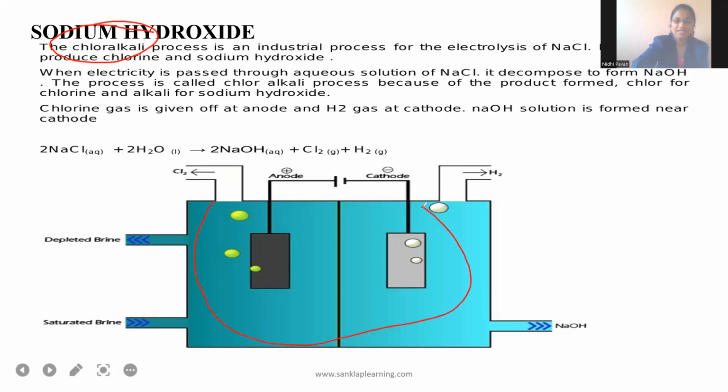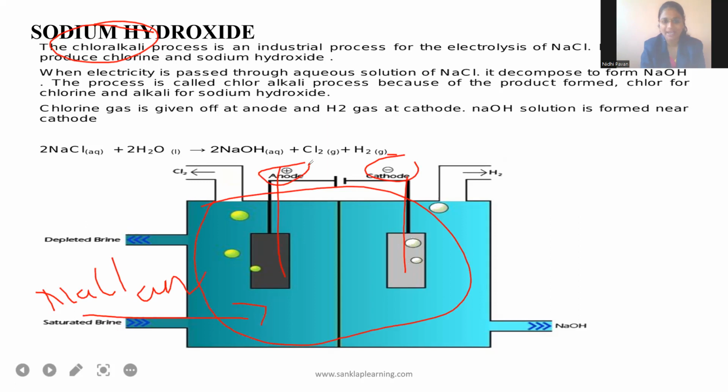They take an aqueous solution of NaCl, which is called brine. This is taken in a vessel or tank where two electrodes are dipped. One is connected to the negative of a battery, which is called the cathode. The other is the positive of a battery, which is called the anode.